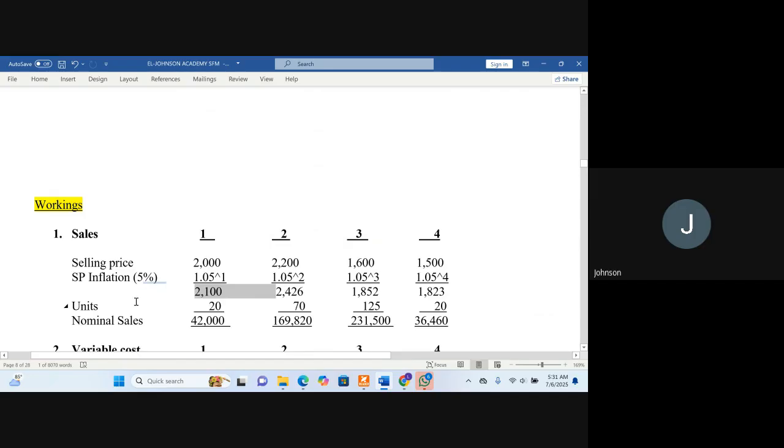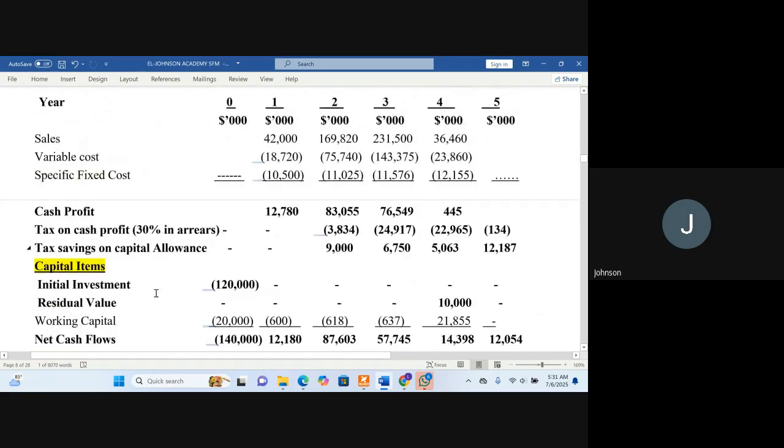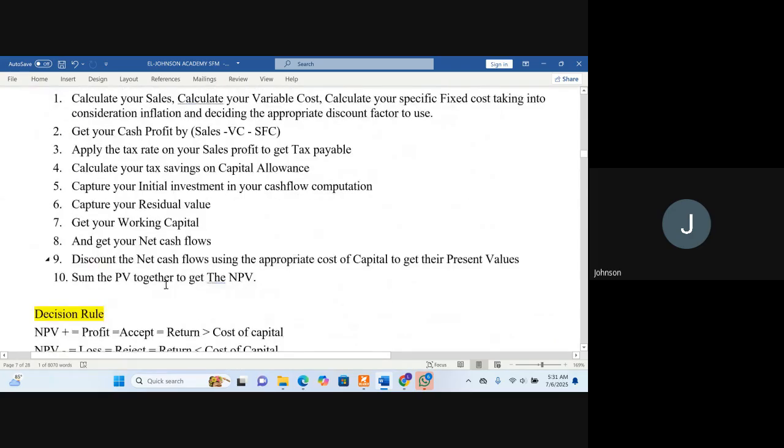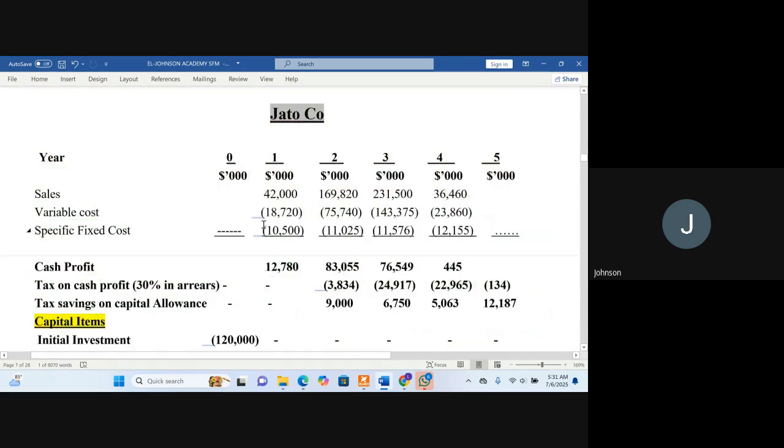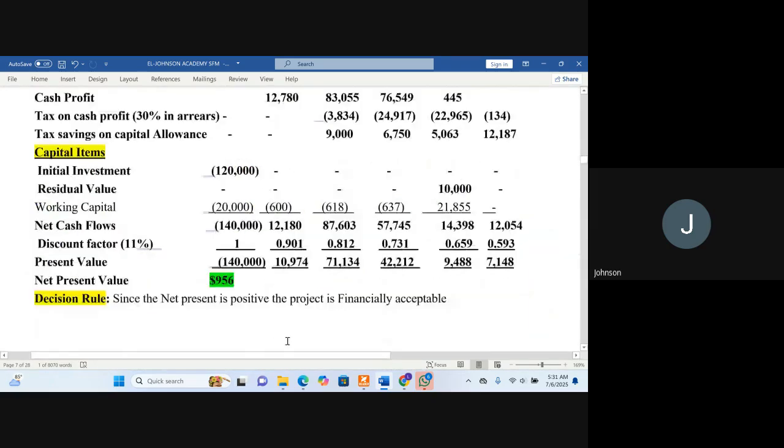The next thing is that you say, what is the unit price? Let's go and check. The unit price is 20, because we have already put 3 zeros up, so that's why we are using 20.